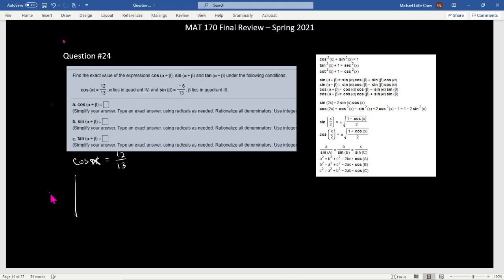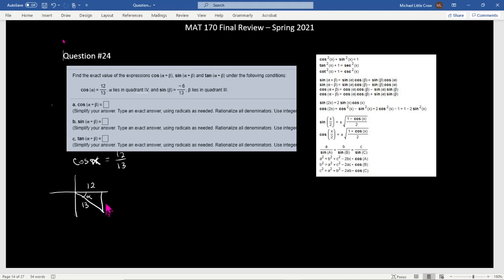So it's down here, some angle. And with this knowledge that it's 12 over 13, remember cosine of an angle, alpha, is going to be adjacent over hypotenuse. So you can say that this is 12, this is 13.